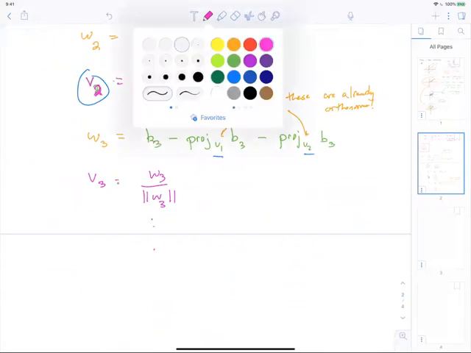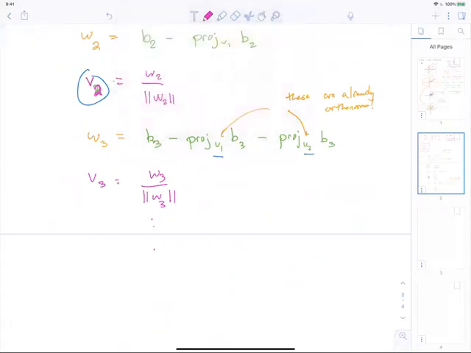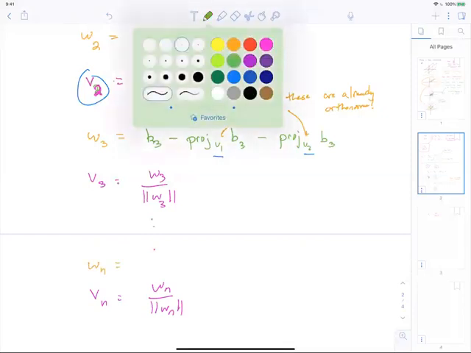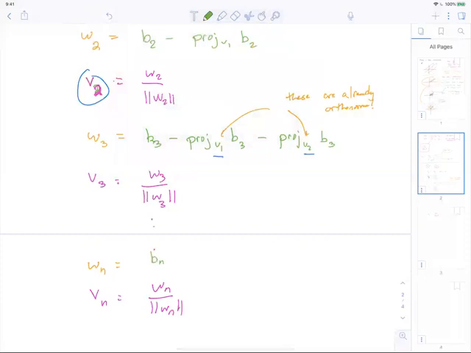And this keeps going. If you want to find the nth vector, you just find Wn and divide by its norm. And Wn itself is just the nth basis vector in your list, minus all the previous projections.